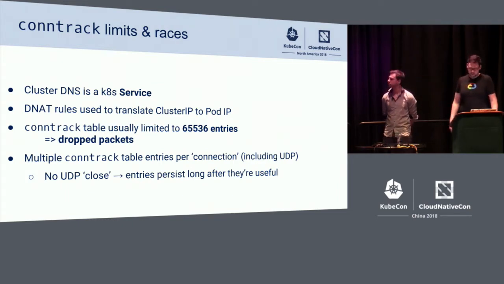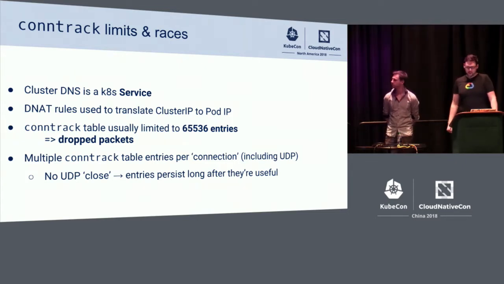Usually 2 to the 16. And once that limit is reached, extra packets are simply dropped on the floor. So if you ever run into this situation, you're definitely going to want to look in your kernel logs and see if you have one of these NetFilter table full, packet loss messages.